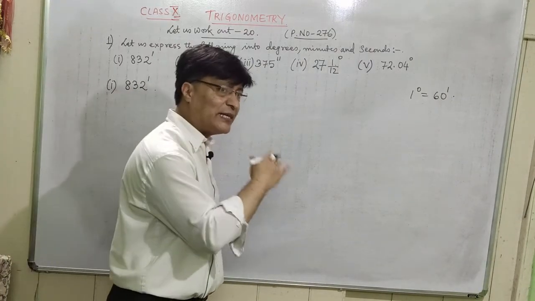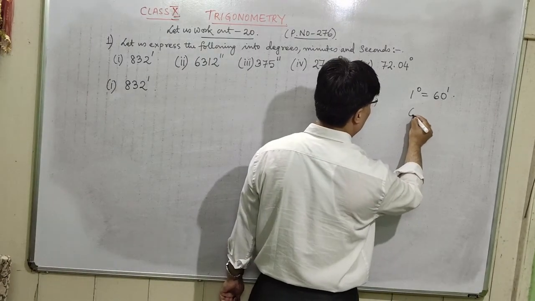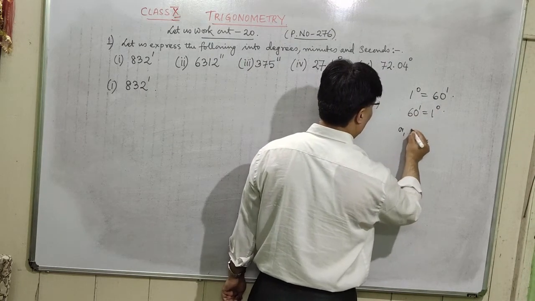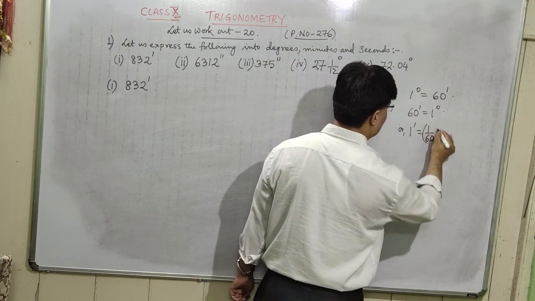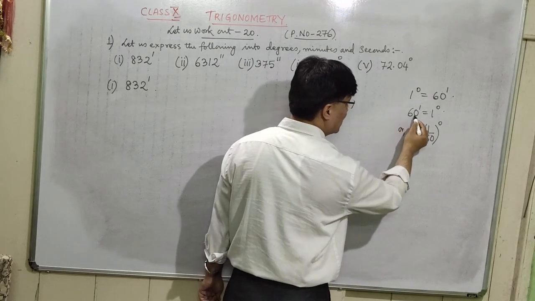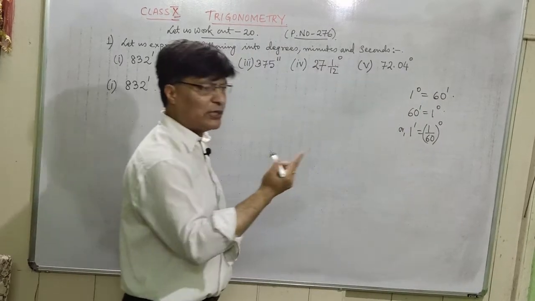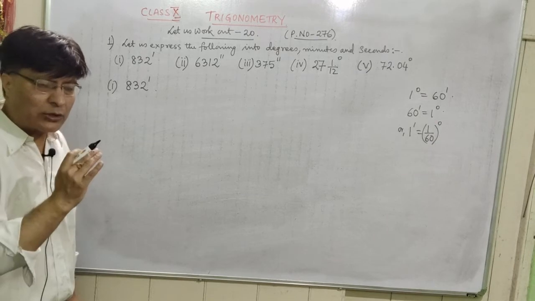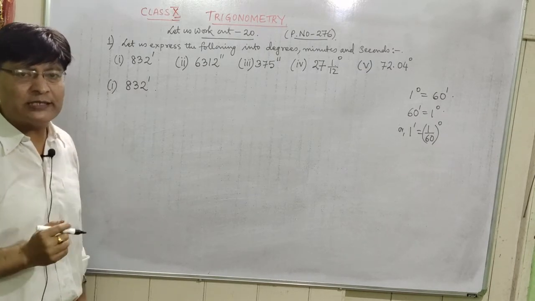Now how do we convert minutes to degrees? Write it in reverse. 60 minutes is equal to 1 degree, or 1 minute is equal to 1 by 60 degree. That is a unitary method, isn't it? If 60 minutes is equal to 1 degree, so 1 minute is equal to 1 by 60 degree. So whenever you are to convert minutes into degrees, you have to divide it by 60.